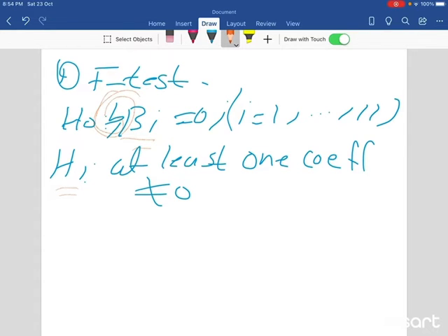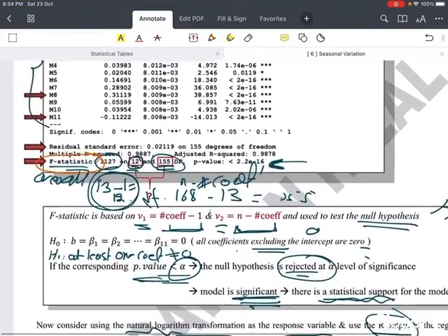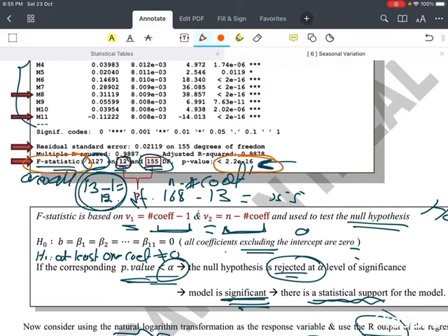Then the test is very easy. I will bring the P value. If it is less than alpha, I will reject. You will go and check the P value at the output. Here it is: 2.2 E minus 16. That means 2.2 multiplied by 10 to the power of minus 16. So it is very small, 100% less than 0.05.